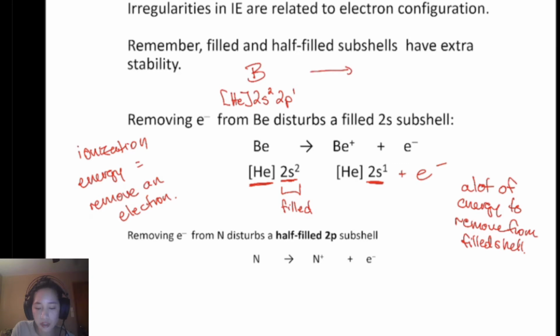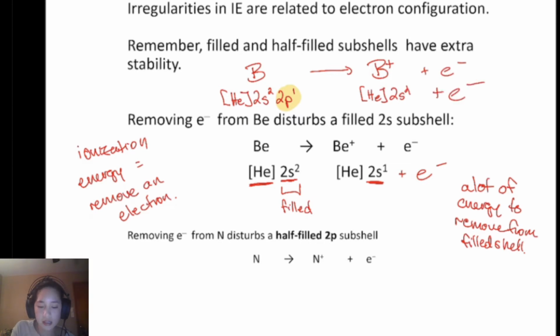If we removed an electron to produce a boron cation, we would remove the 2p electron. That 2p shell is not completely filled, so it's going to take a lot less energy to pull off an electron, because it's just like a lonely dangling electron hanging out in a p orbital. So the electron configuration for the cation would be helium 2s2.